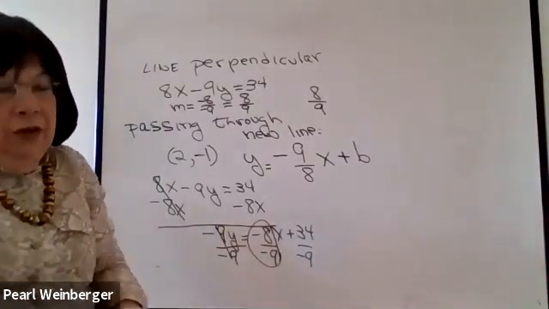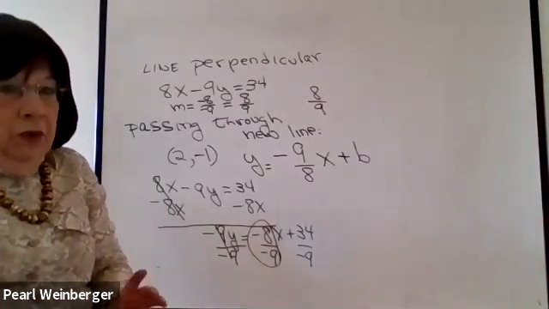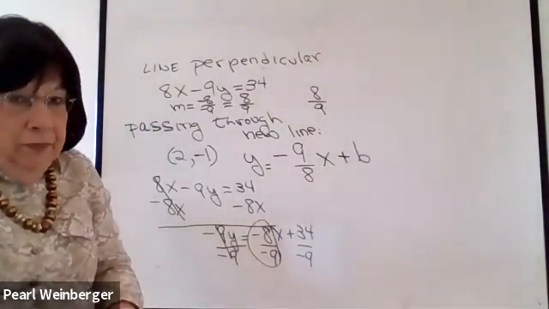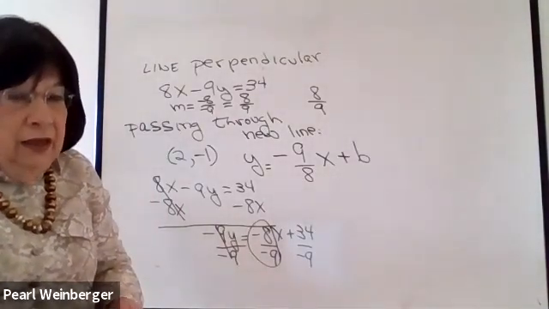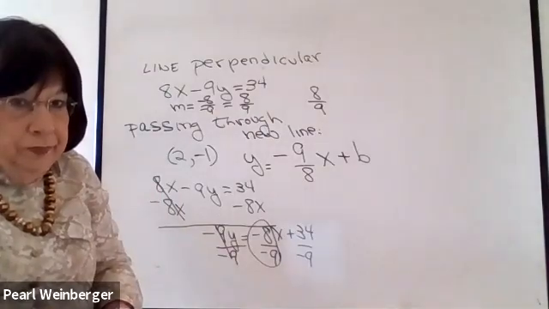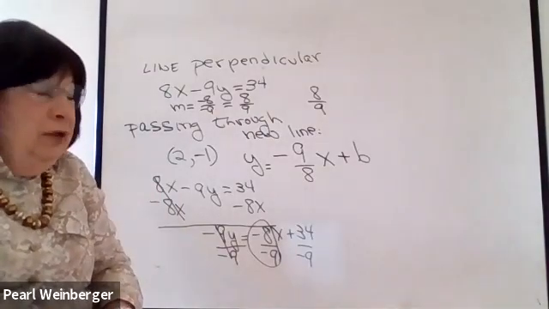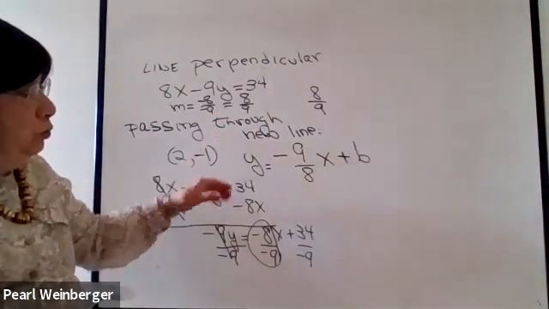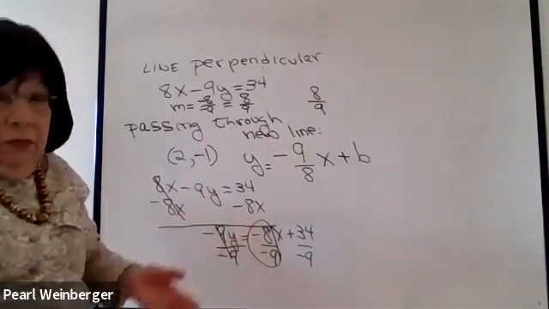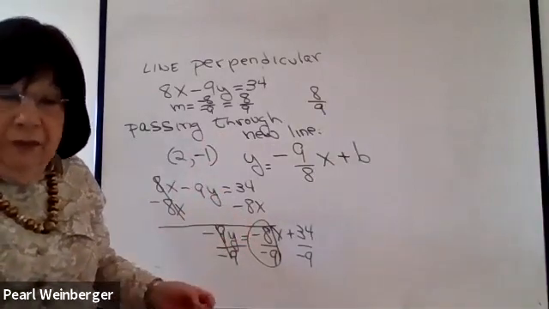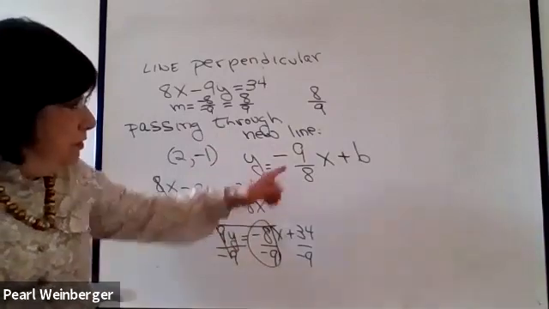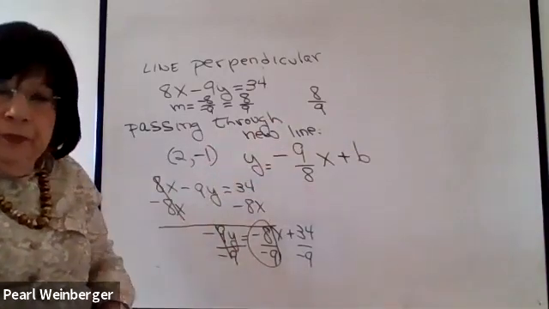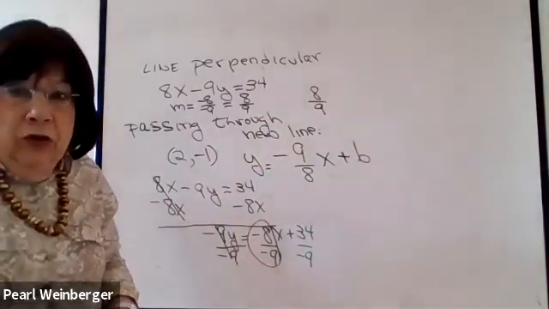Now let me give you a little hint. When you're going to get this type of problem, it's going to be a multiple choice problem. Before you do any more work on this, because the next work could involve fractions, look at your answers.